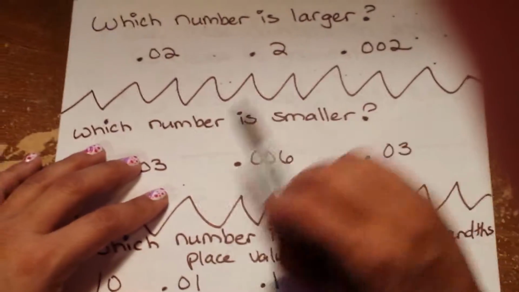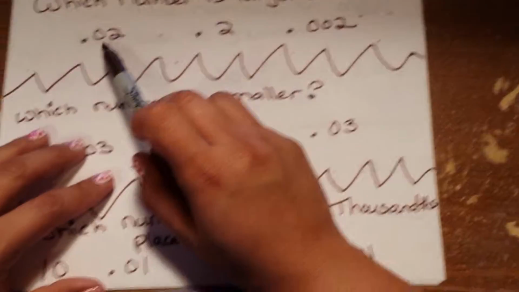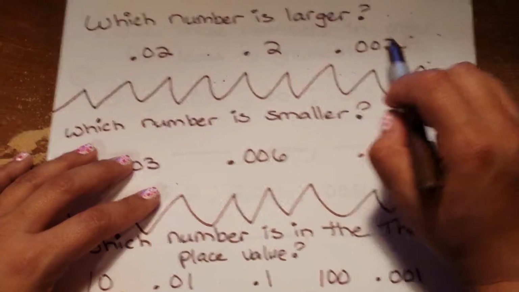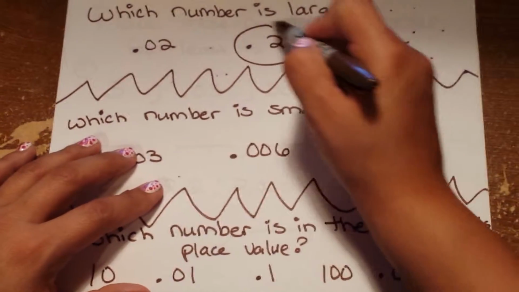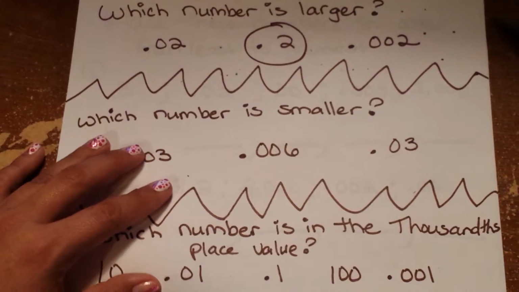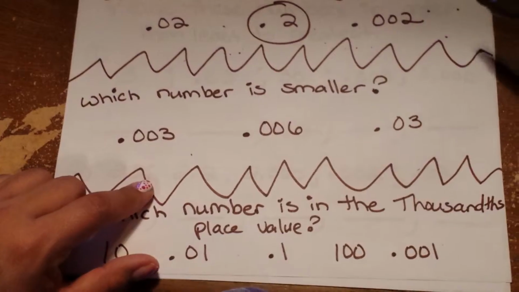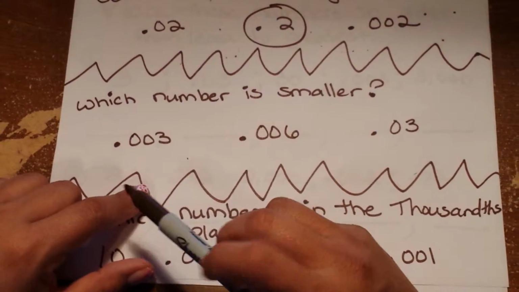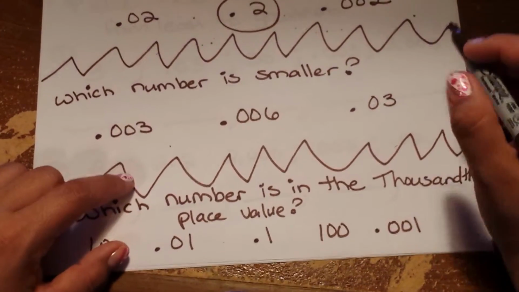Which number is larger? Is it my 0.2, 0.02, or 0.002? And my 0.2 is going to be my larger number. Which one is smaller? 0.003, 0.006, or 0.03? Now let's look at this.